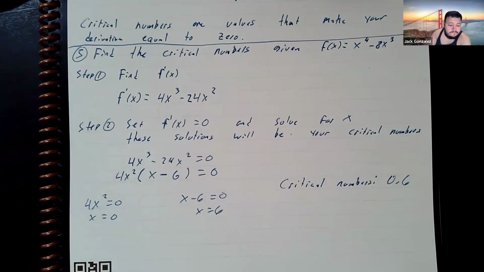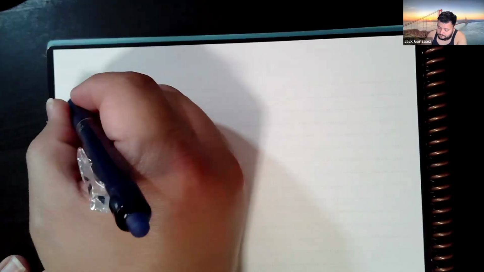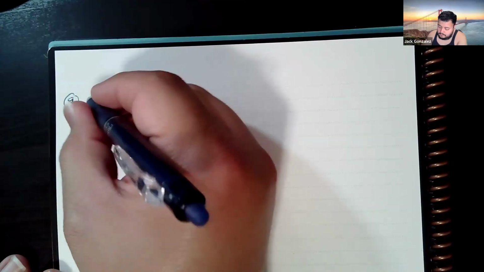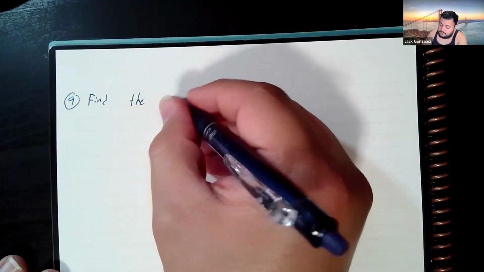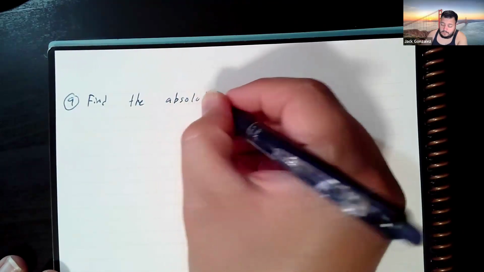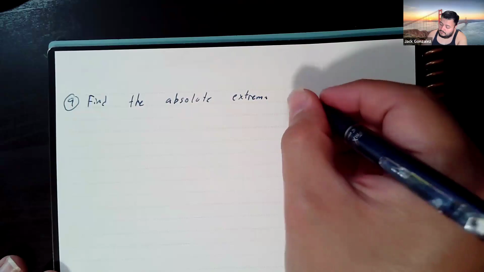Right. So on the next one, we're going to actually find the extrema values, but we're going to do it on a closed set. Find the absolute extrema of f of x.